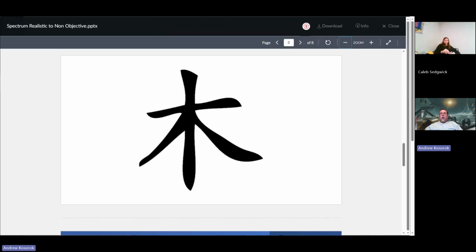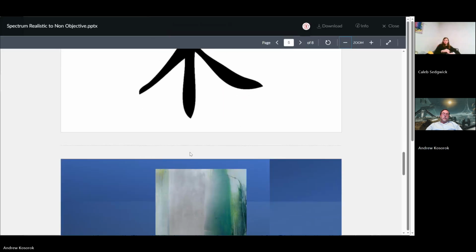It's based on sometimes ideas of what a sound might look like, but we don't see a sound in the natural world. That's where we get the term non-objective because there isn't an object that it's attached to.